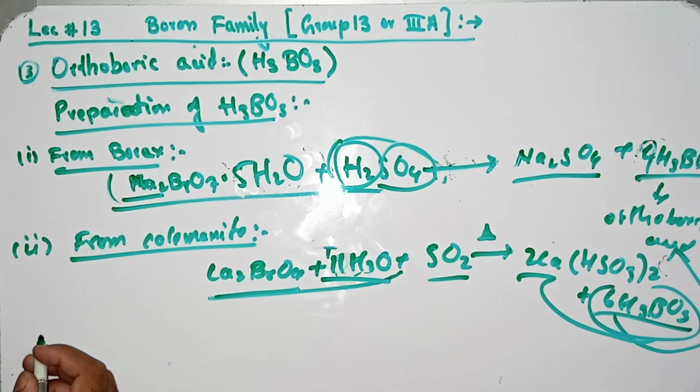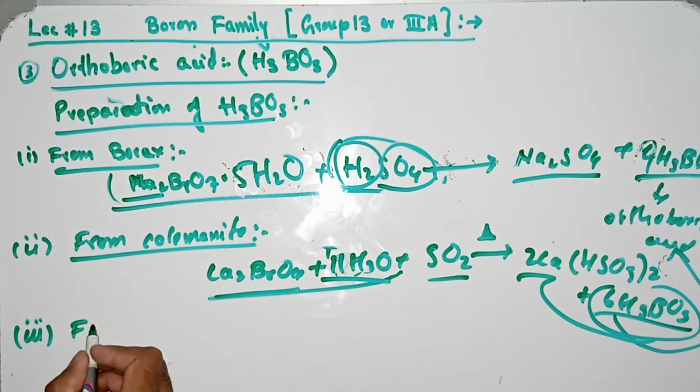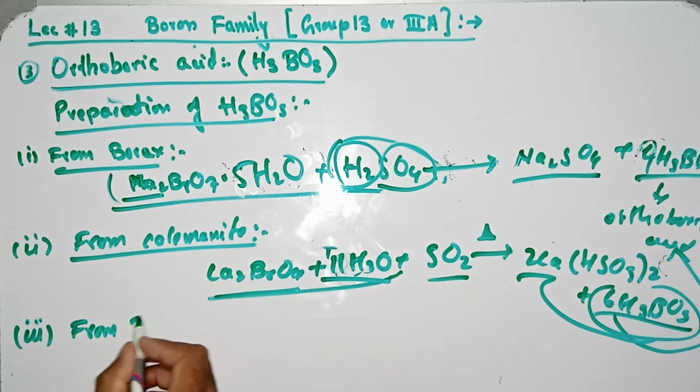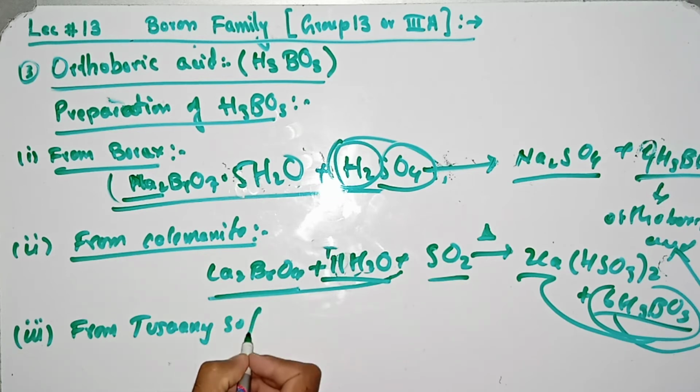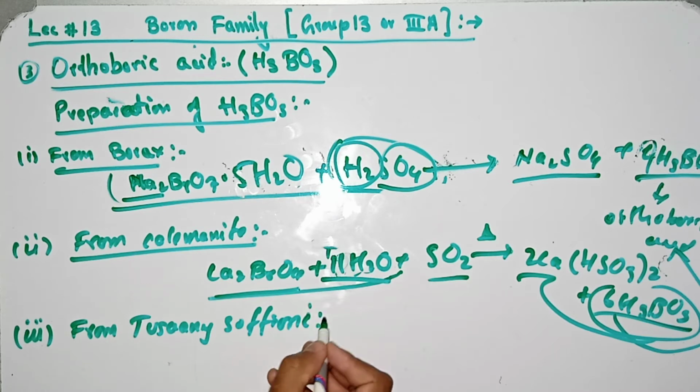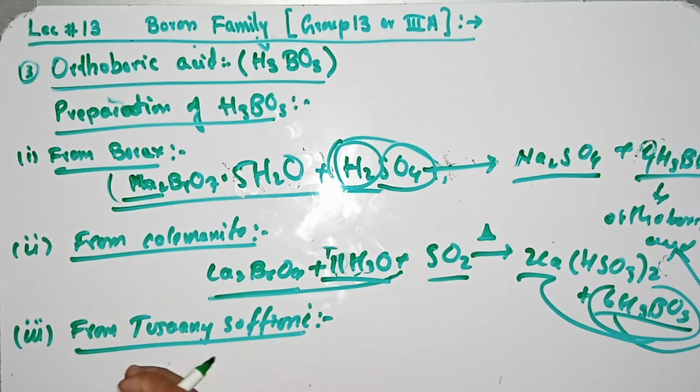And the third method: orthoboric acid can also be prepared from the Tuscany soffioni.